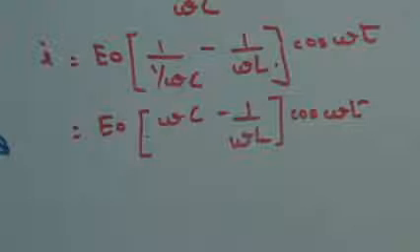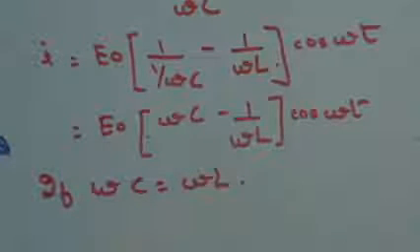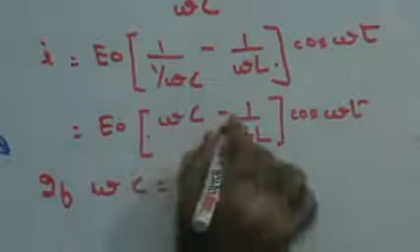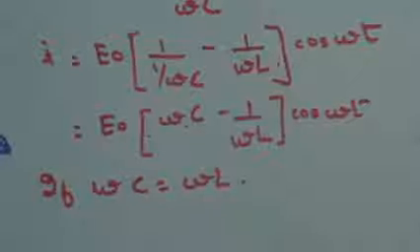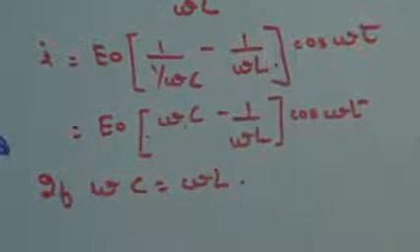Now if omega C becomes equal to 1 upon omega L, then I can say that there will be no current drawn from the source, because the whole factor will become equal to 0, right? This and this will become equal.